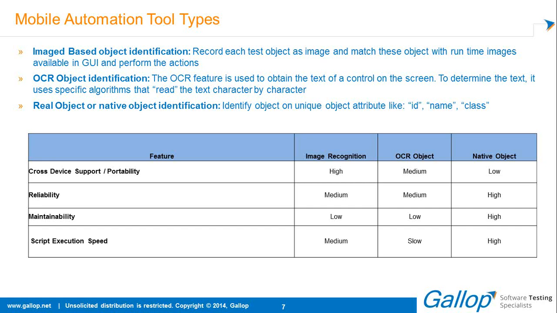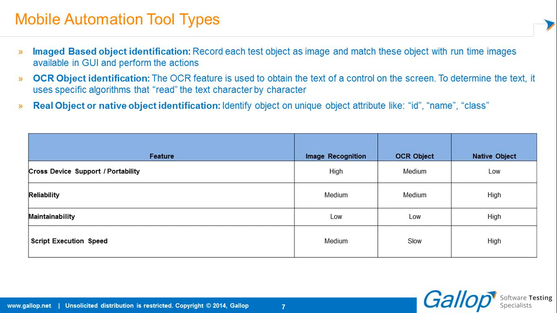So at a high level, from this matrix, you can see each type of recognition and how reliable or maintainable it is in terms of scripting. So image recognition, although you have support for it on multiple devices, the reliability is not that great, and maintainability gets difficult as you keep on adding more and more devices, because each device screen resolution keeps changing.